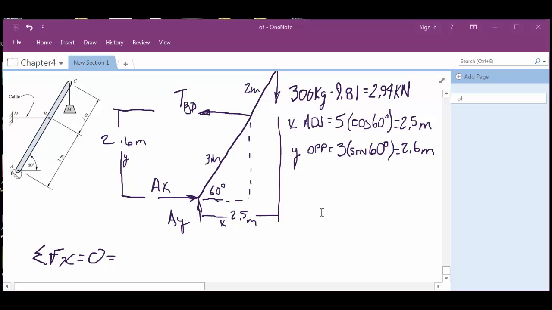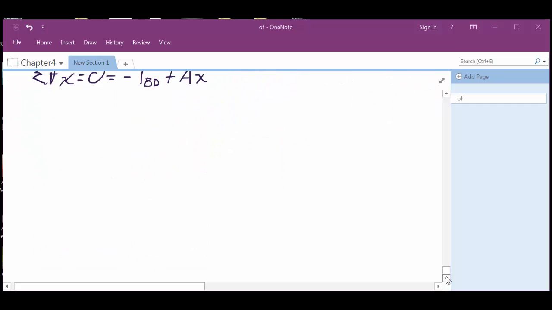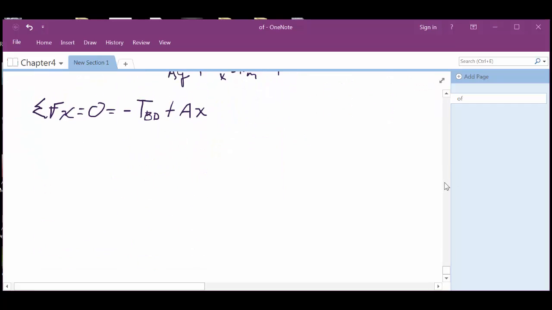In the forces in the x, I've got a negative tension in BD plus AX, right? 2 unknowns. So I don't even have 2 equations, so I can't even do substitution if I wanted to. So I just try to find something else out. So then I'd go do my sum of the forces in the y.